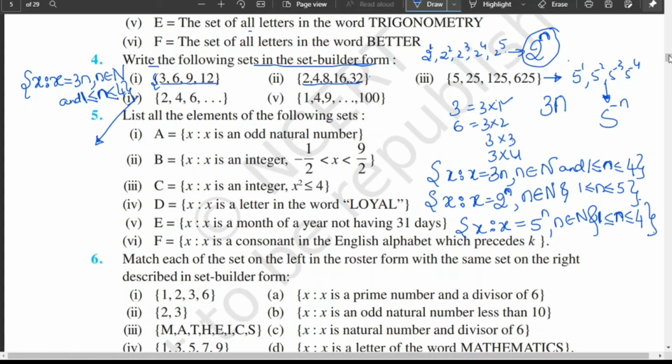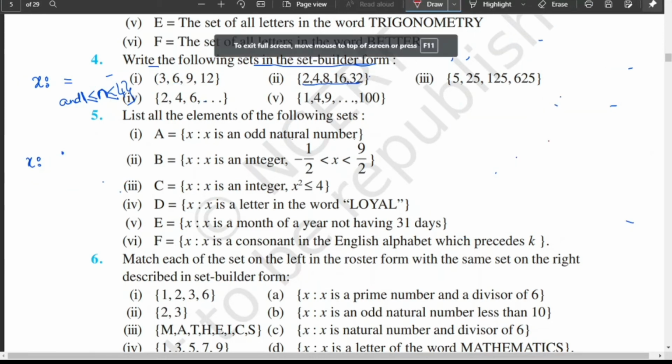2, 4, 6, and so on. Anything it can be. Fourth one, give a try. What is it? Straight away we will write x such that x is an even number. Now we have not been given even natural numbers, so close it. This is an infinite set.